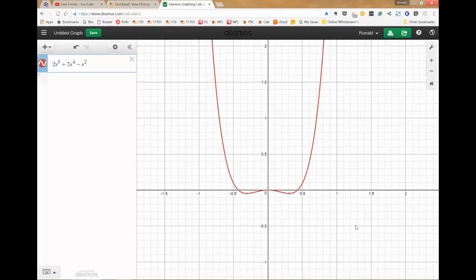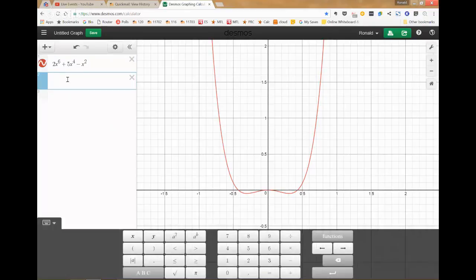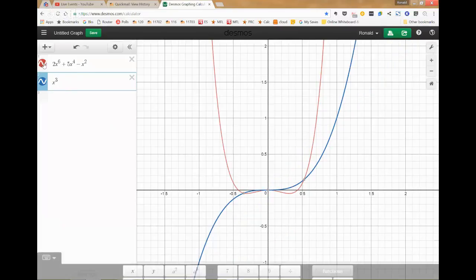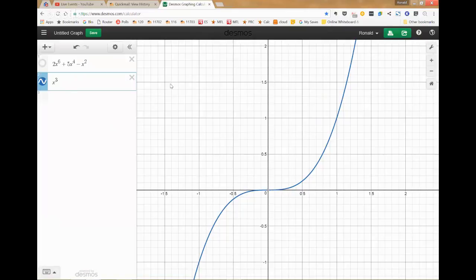How do you determine if it was odd? Let me throw an example of an odd function on here. An obvious one is x cubed. This is an odd function because every point on the left has a matching point up in the first quadrant.